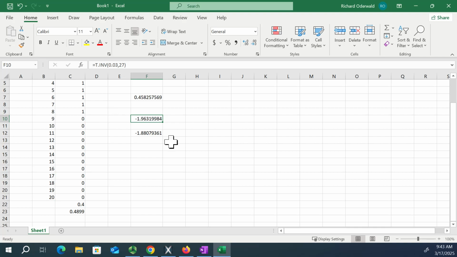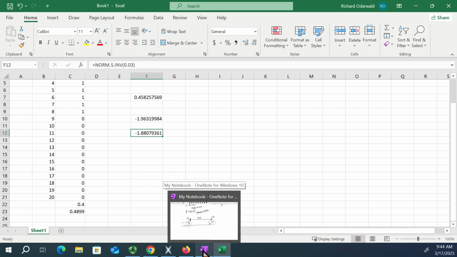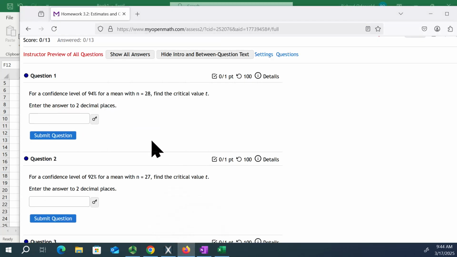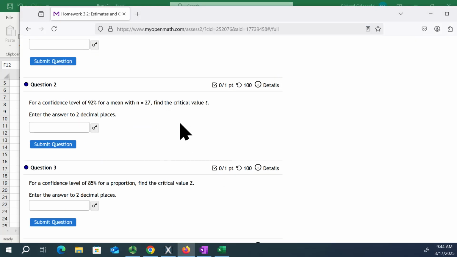The normal doesn't. This is for sampling means, the 1.96. The 1.88 is for proportions, because it is not a normal distribution, really. So there's only a few moving parts in these things, and they are basically all the same.